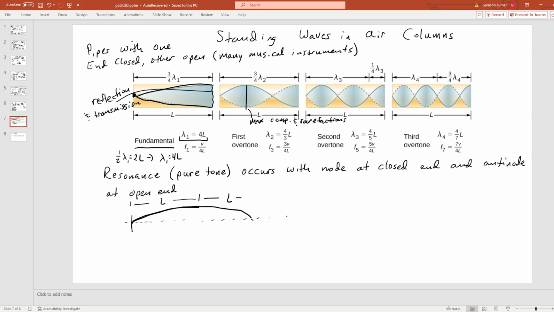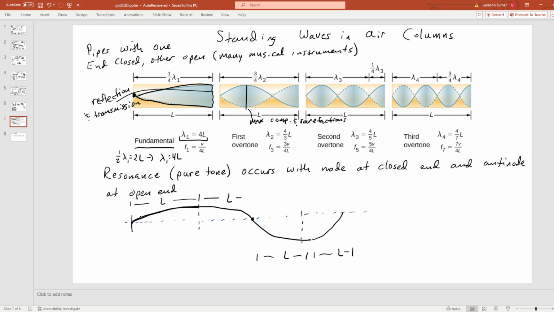And then it takes length L to go to the next antinode. And then it takes another length L to go back to the next node. Now, this is exaggerated a little bit. I didn't do a really good job of keeping my sine wave consistent, but you get the idea, right? Each of these represents one length of the pipe.